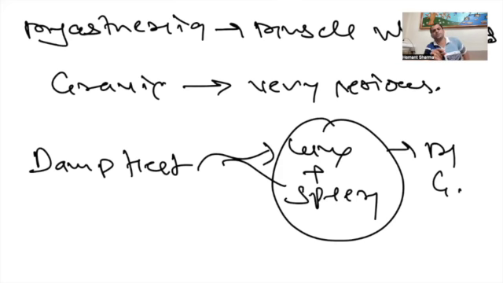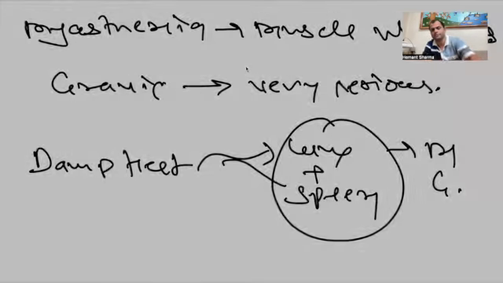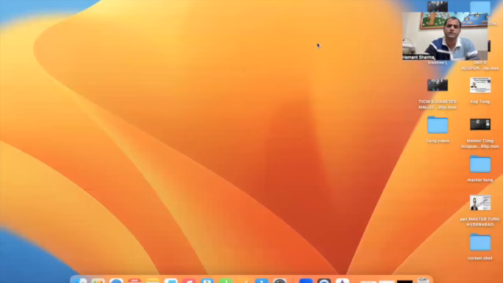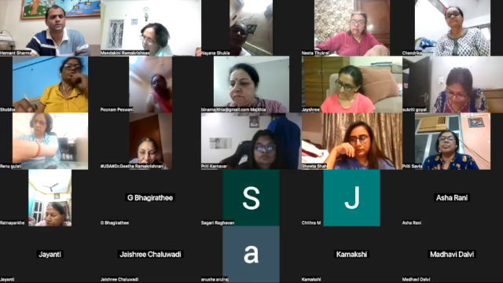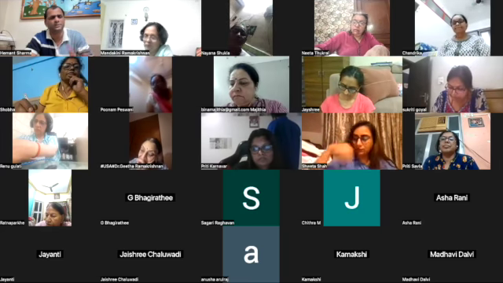अब माइस्थीनिया ग्रेविस में क्या होता है? What is happening in myasthenia gravis? In myasthenia gravis, there is severe weakness of the spleen, not able to hold any muscle.